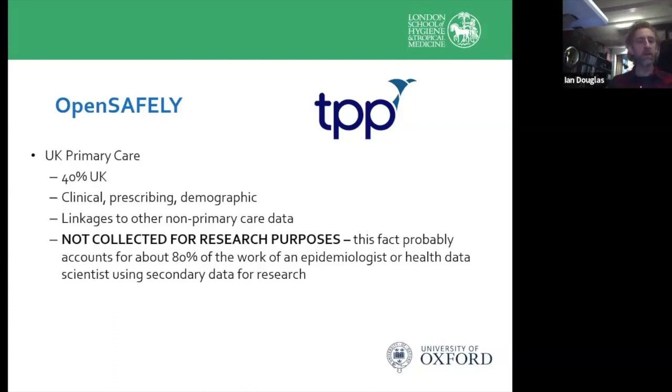It's a happy coincidence that we can also use these data to answer research questions, but I would say that it's probably about 80% of the work of an epidemiologist using these data is around how they handle the data, how they query it and make good use of it to be able to answer these research questions. So it's a lot of work to turn the data into useful data to do analysis on, which I'm going to briefly outline for you in the next few slides.